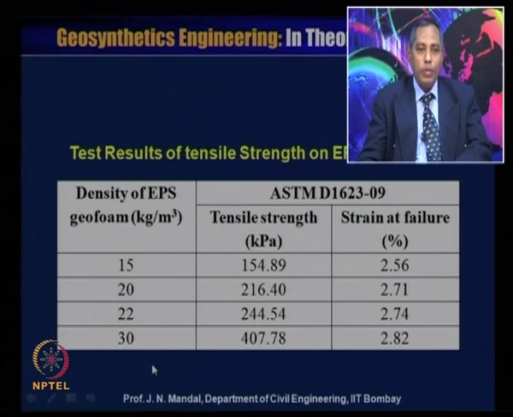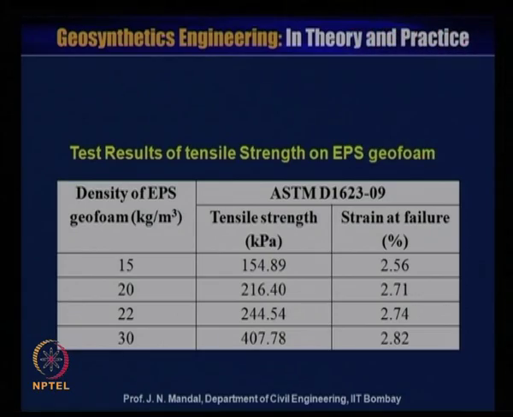When the density of EPS geofoam is 30 kg per meter cube, the tensile strength is 407.78 kilopascal and strain at failure 2.82%. So, we observe that as the density increases, the tensile strength value also increases and the strain value also increases.